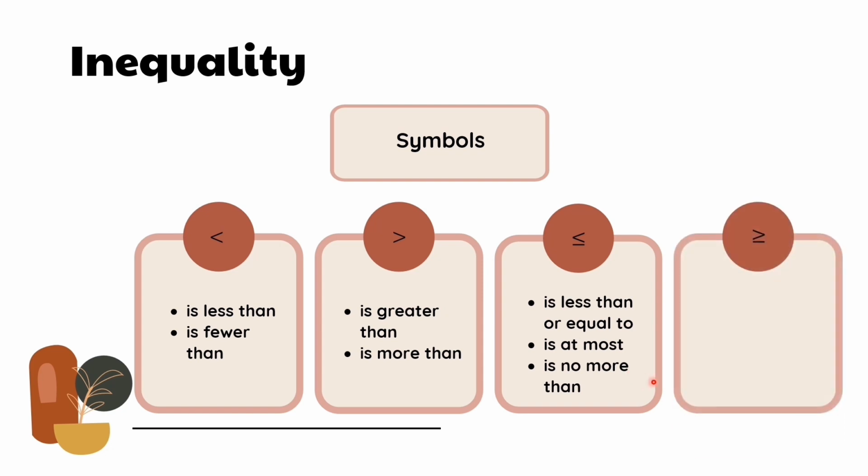And lastly, this can be read as is greater than or equal to, is at least, and is no less than. Remember these symbols because you will always encounter them as you study this lesson, properties of inequality, and also in other lessons that are related to inequalities.